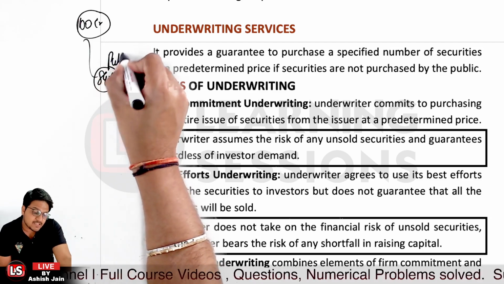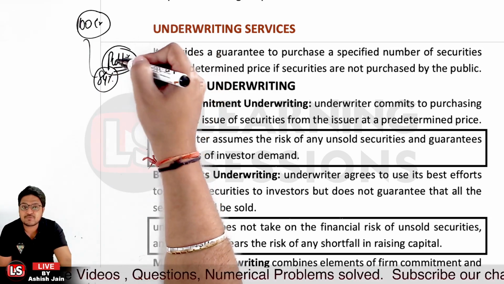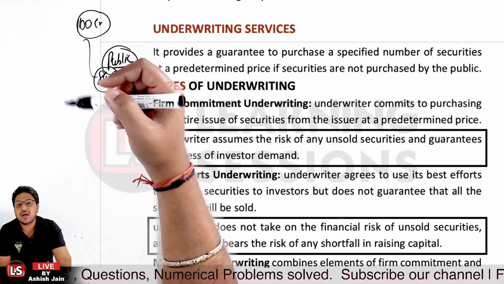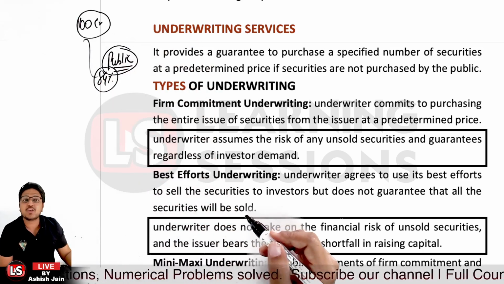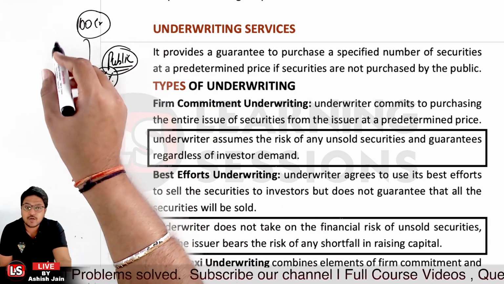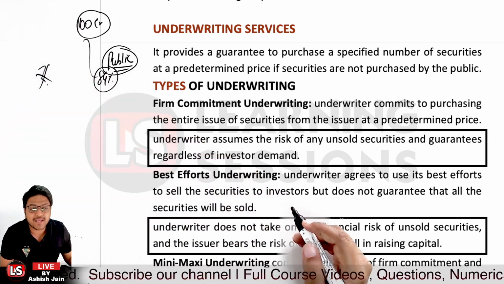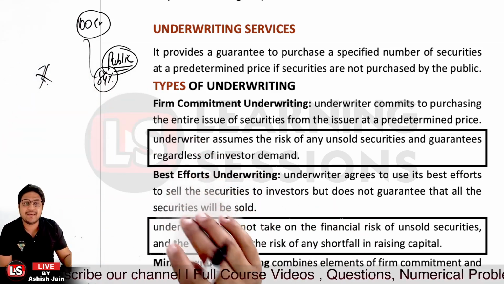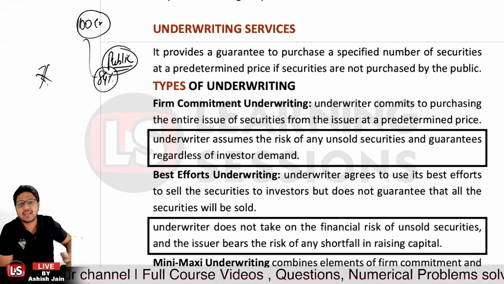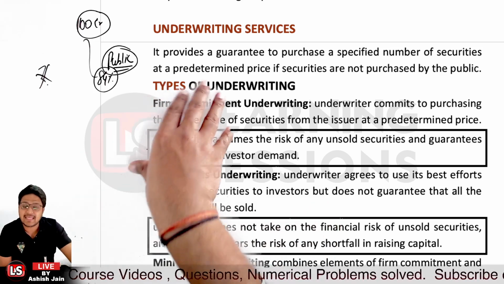The investment banker has made their best efforts so that the public subscribes to the IPO or securities, but for the remaining shortfall, the investment banker won't be responsible. That's best efforts underwriting. So the issuer bears the risk of any shortfall in the capital raised.